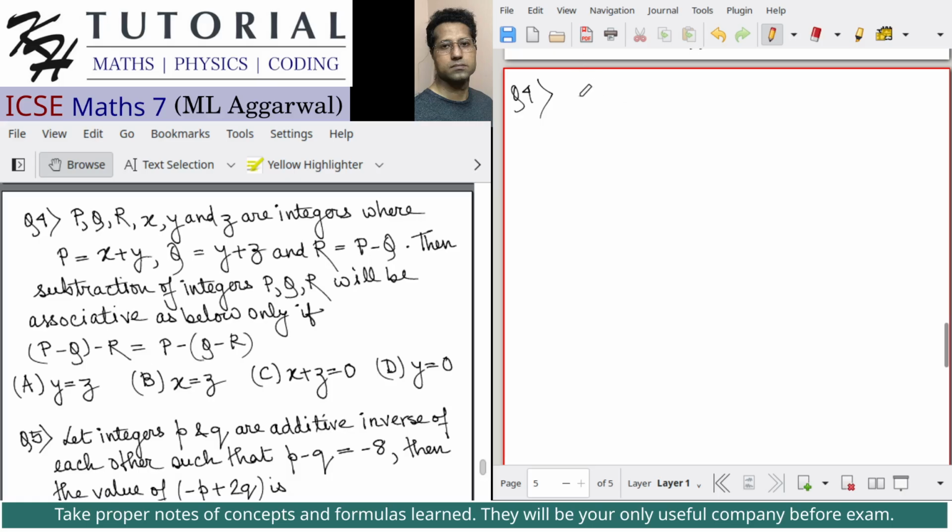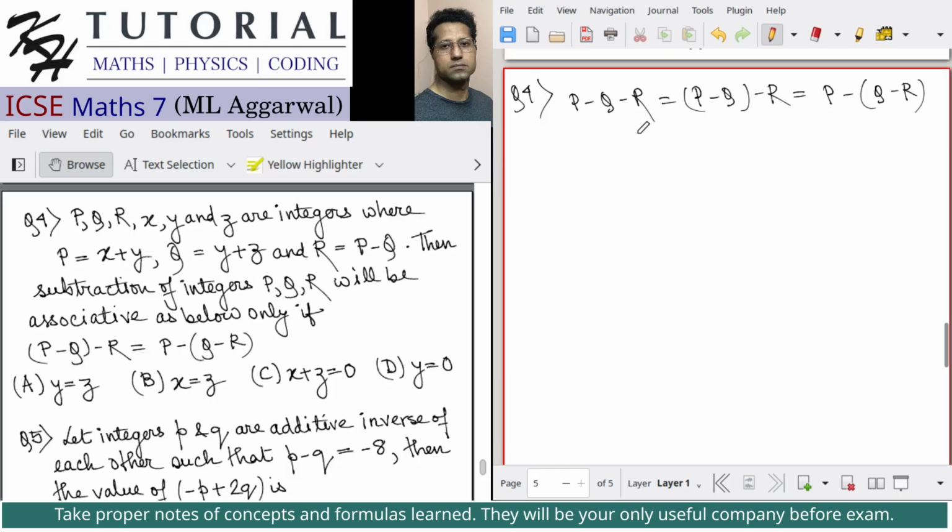So we must have p minus q minus r should be equal to p minus q minus r, or this should be equal to p minus q minus r. So in the problem it is saying that subtraction of integers p, q, r will be associative as below only if. So we have to find the condition.